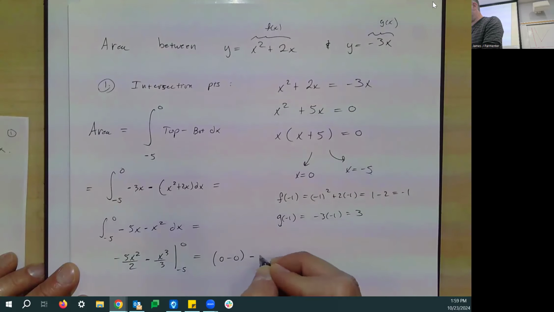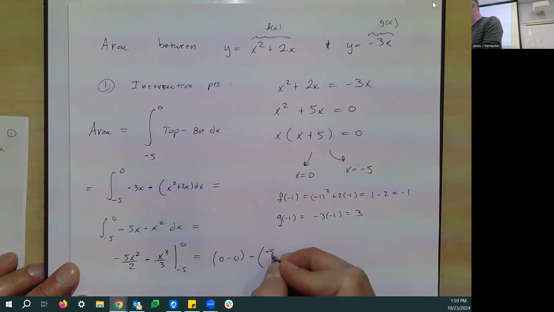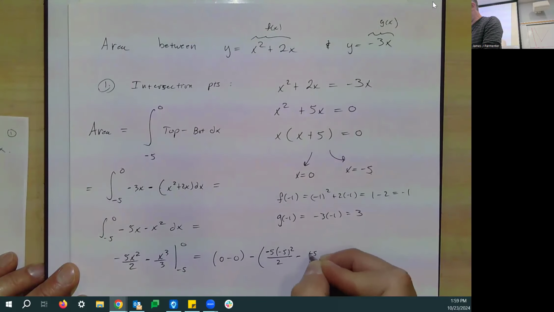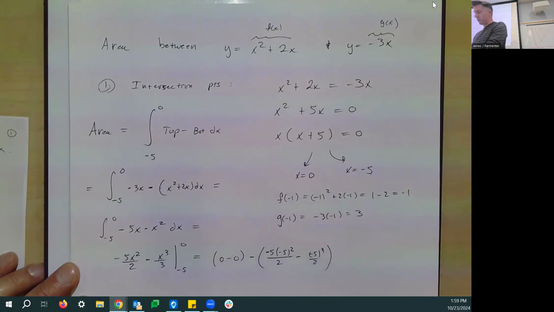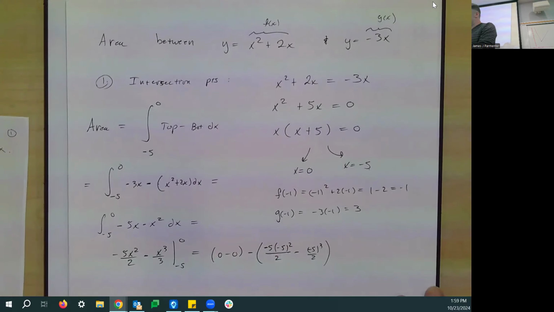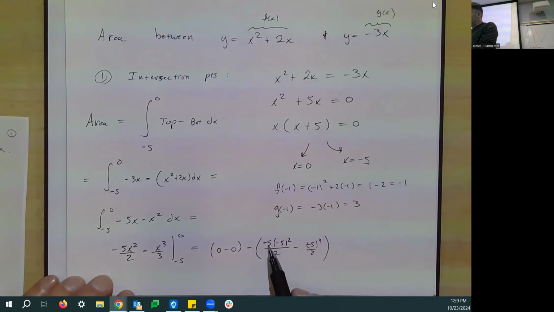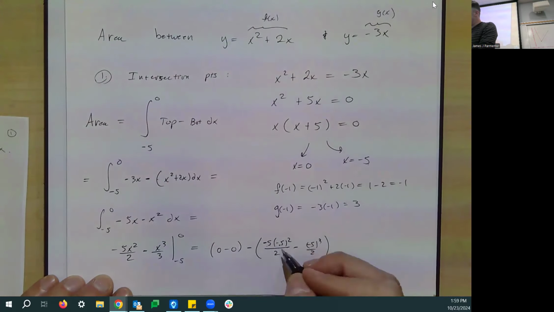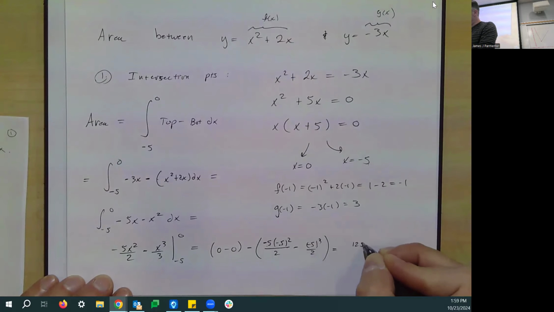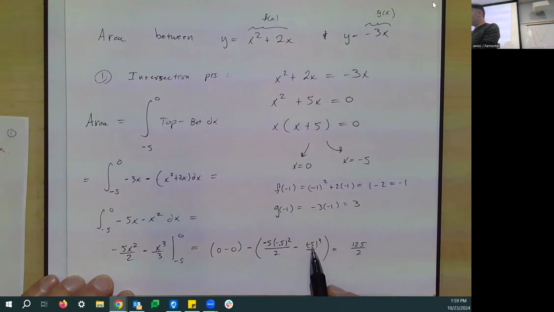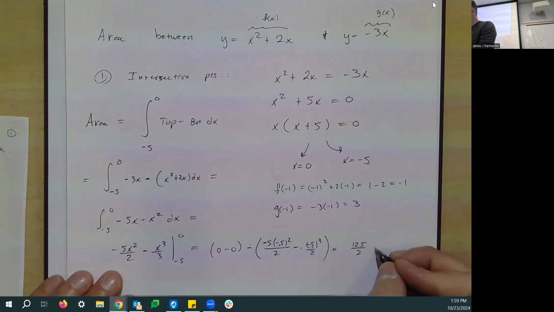You plug in -5 and you get -5 times (-5) squared over 2 minus (-5) cubed over 3. That looks like there's too many negatives. Okay, so what do we got here? -5 times (-5) squared is -125, but then the negative of that's going to be +125 over 2. And the (-5) cubed is -125, but then it's a negative, so it's still 125 over 3.